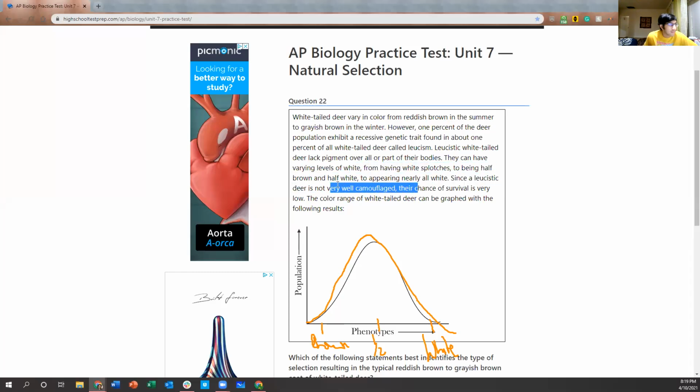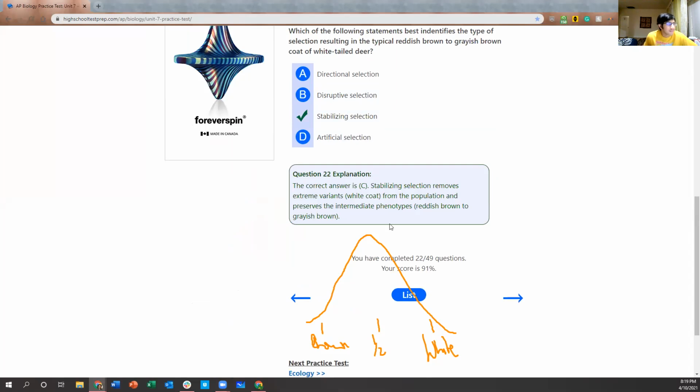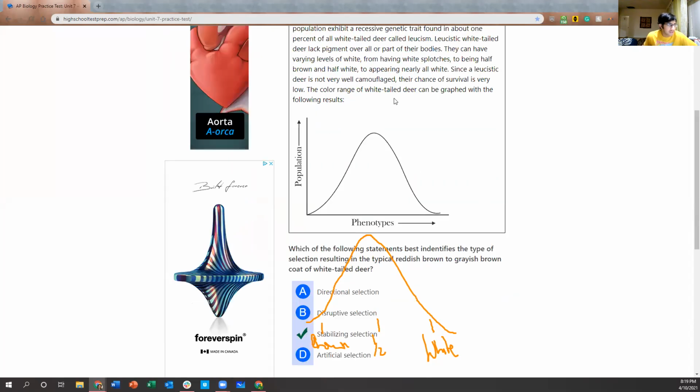White splotches, being half brown and half white too. All white would be bad. White splotches would probably also be bad. The half brown and half white seems to be the best. I would go with stabilizing, because it prevents the extreme phenotypes, so it supports the middle phenotype.